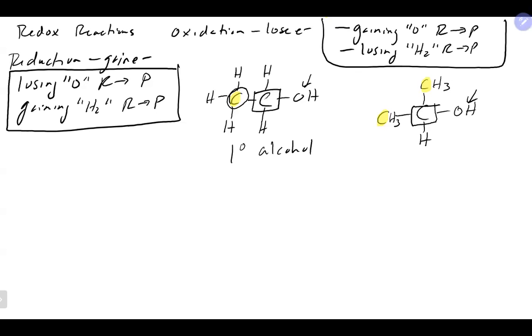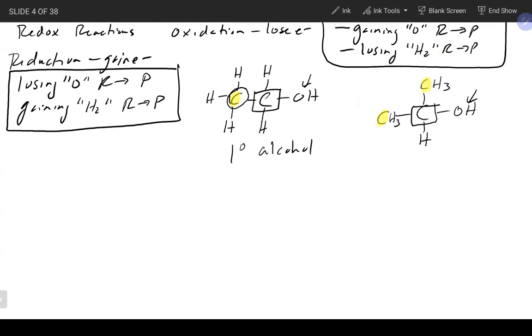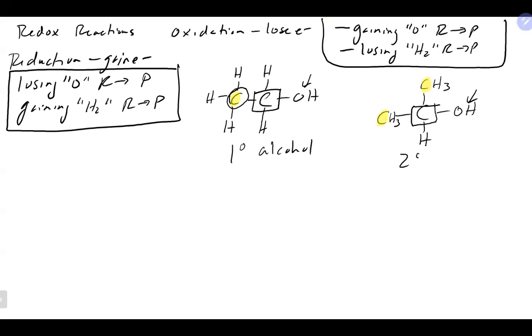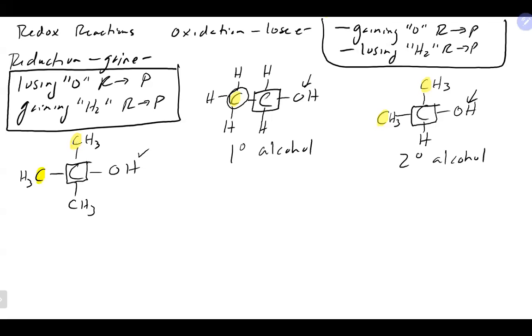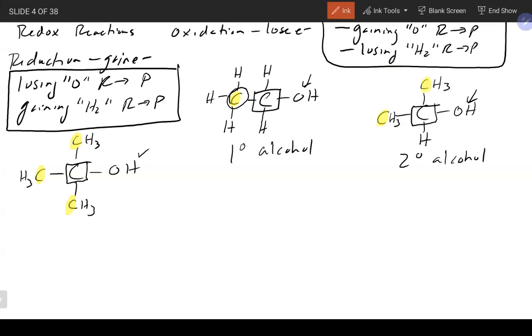And that would mean that this one is a secondary alcohol. And lastly, you could have an alcohol where you got this situation happening. And again, looking at the carbon that is directly attached to the OH group, we would see that it is attached to 1, 2, and 3 carbons, and that would be a tertiary alcohol.